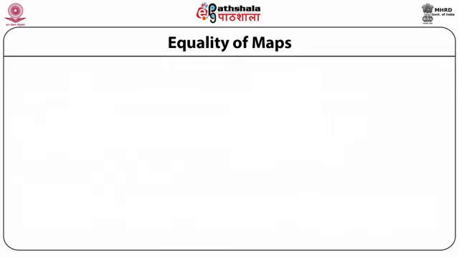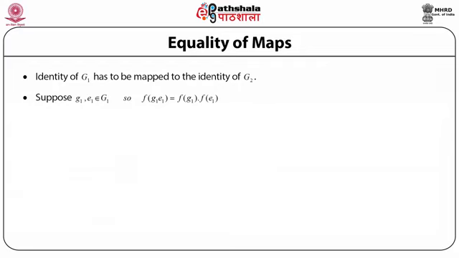We will now prove certain assertions. Number 1. The identity of G1 has to be mapped to the identity of G2. Suppose g1, e1 belongs to the group G1, so that the map of g1 e1 is equal to f of g1 into f of e1. That is, the image of g1 e1 is the image of g1 multiplied by the image of e1.